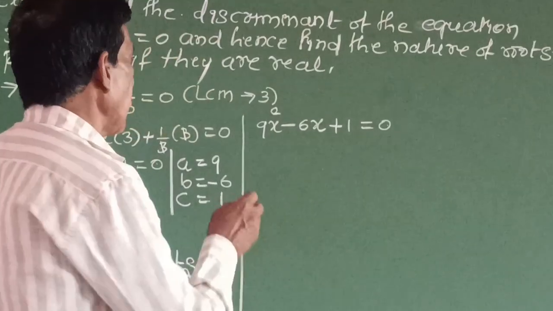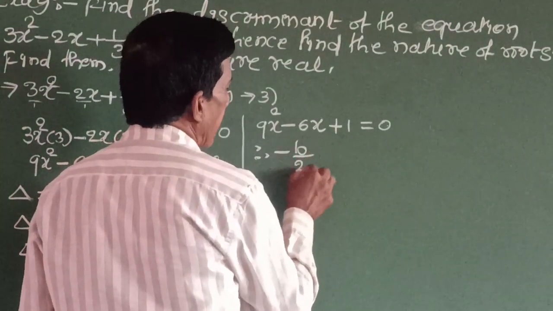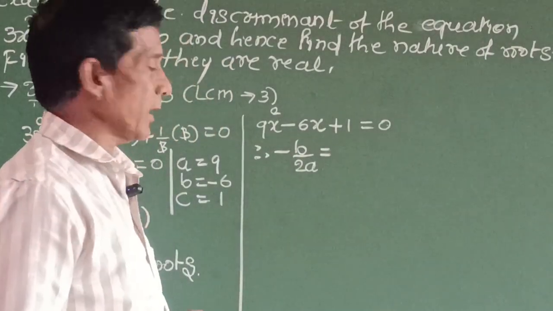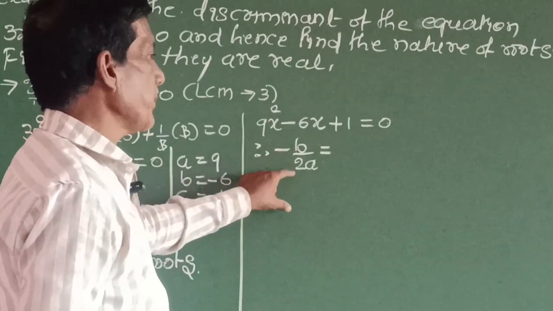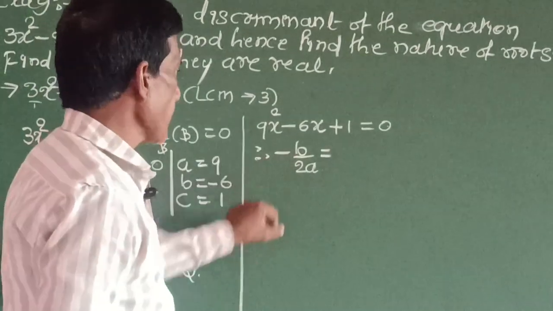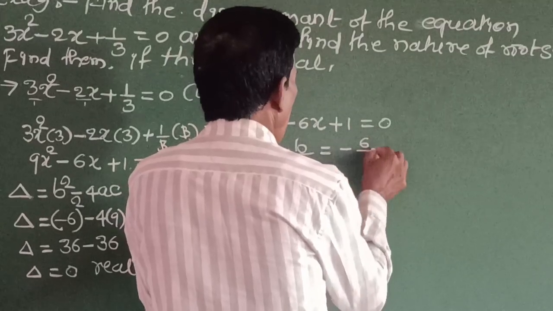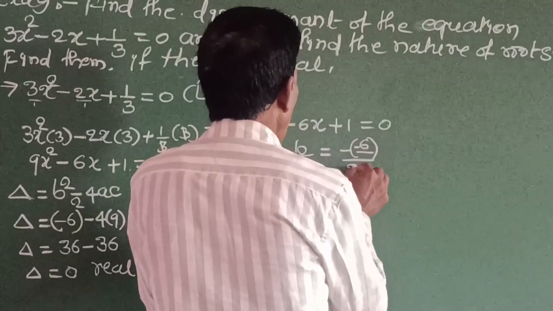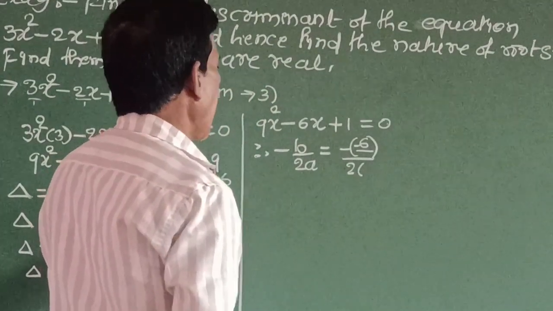So at that time, use the rule minus b by 2a. When delta equal to 0, use the rule minus b by 2a for the answer. So minus of minus 6, upon 2a, where a is 9.